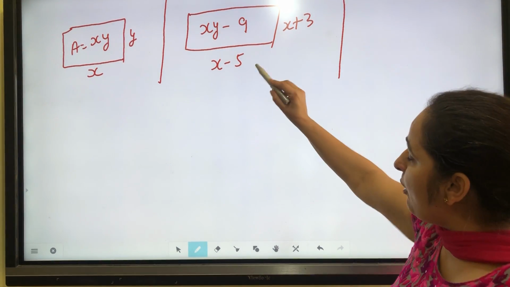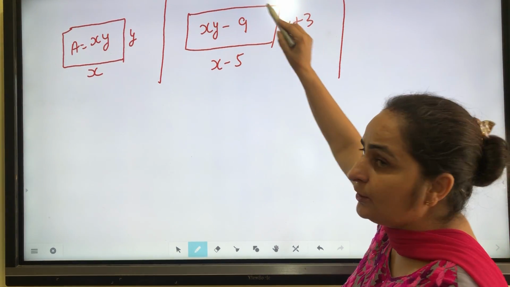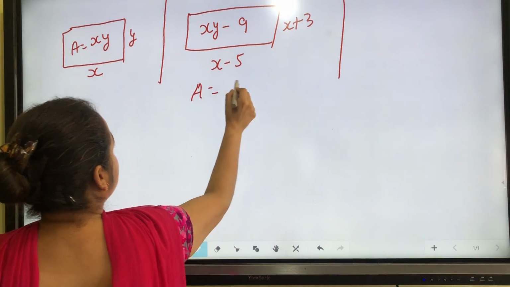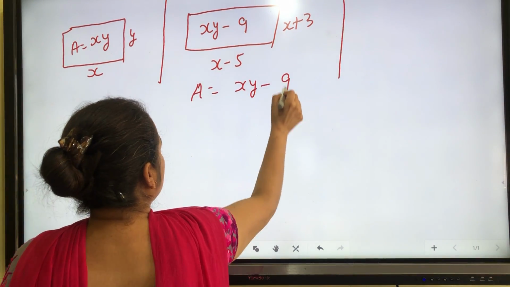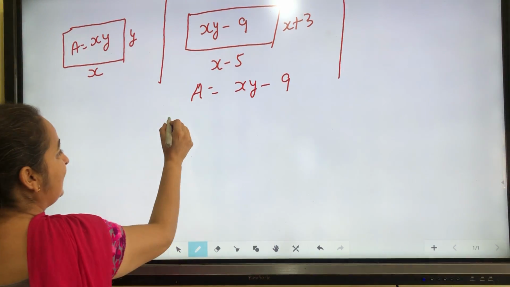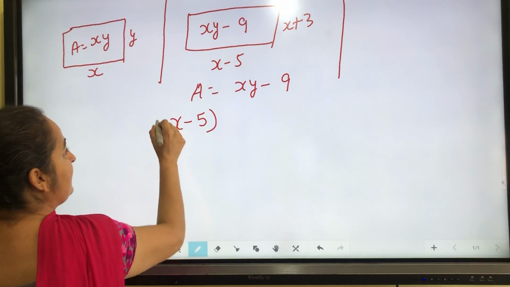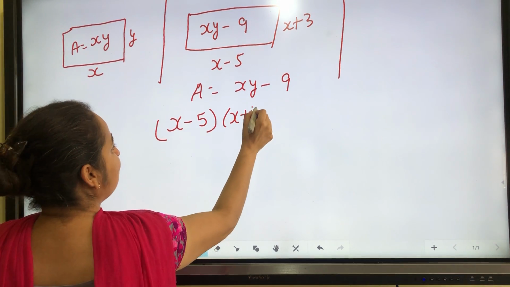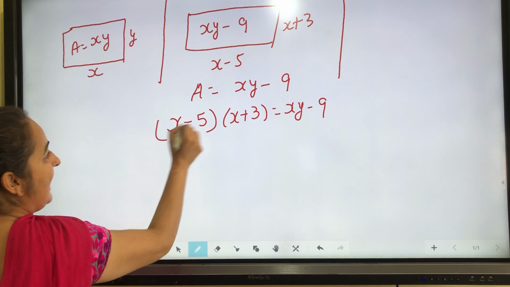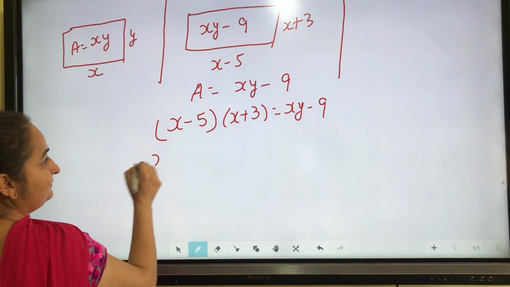Now, how am I changing this condition into the form of an equation? We all know area is equal to xy minus 9 and the formula for area is length multiply breadth. That is x minus 5 multiply y plus 3 is equal to xy minus 9.